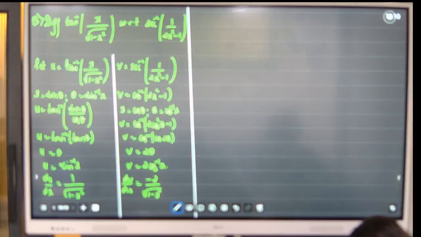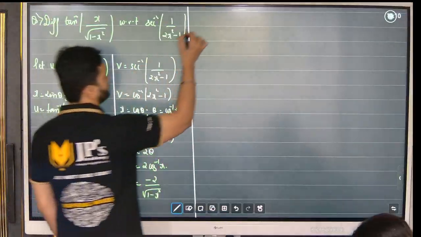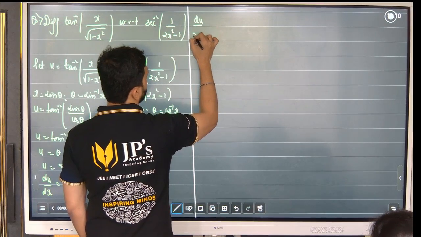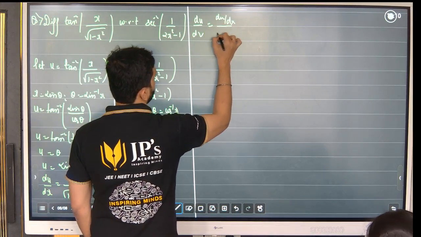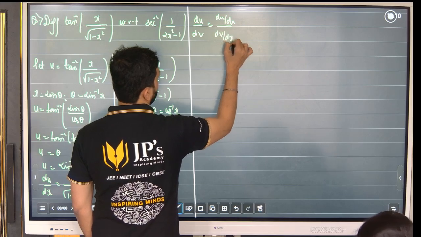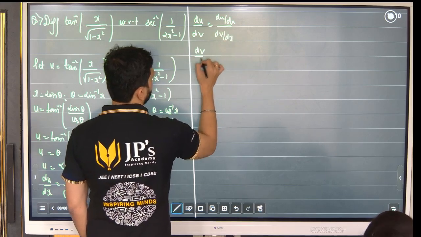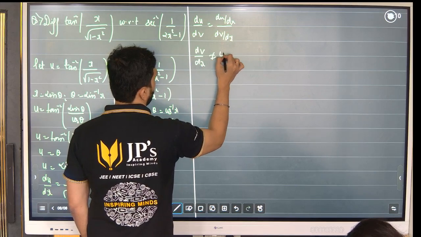Now when I do du by dv, it is equal to du by dx upon dv by dx, where dv by dx is not equal to 0.